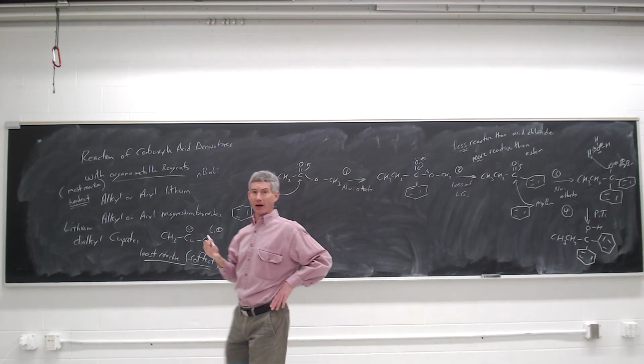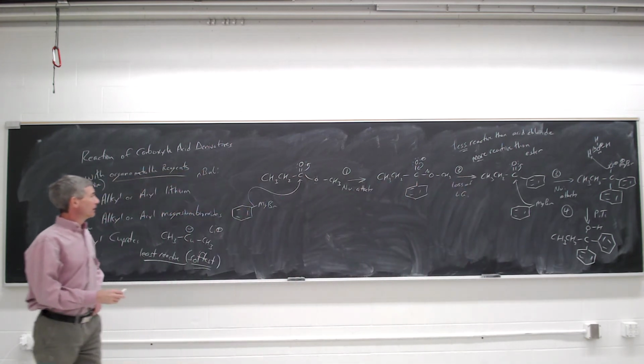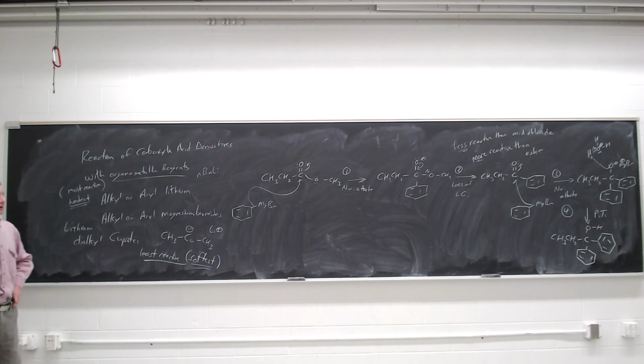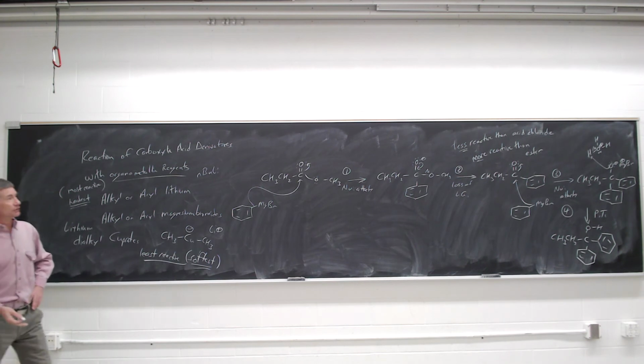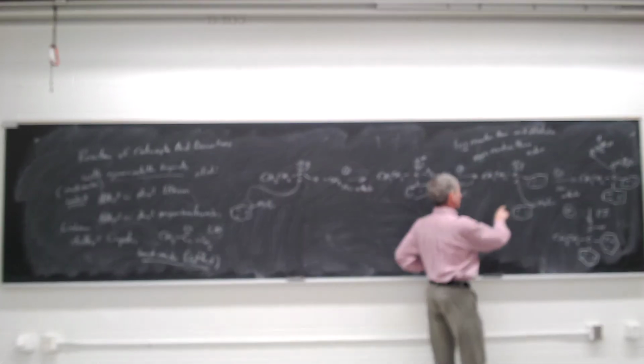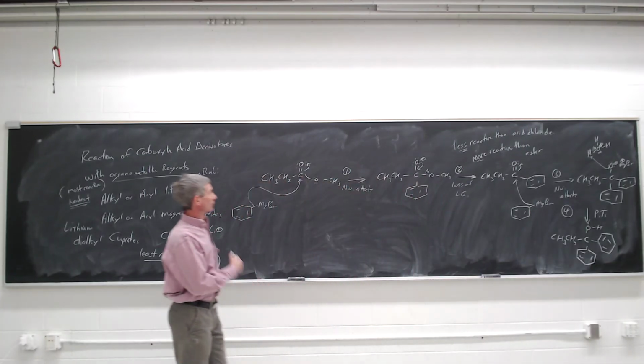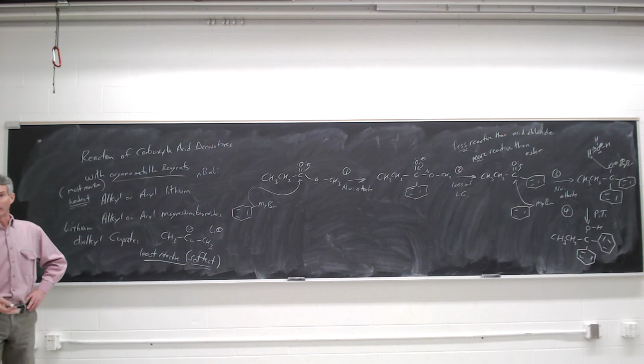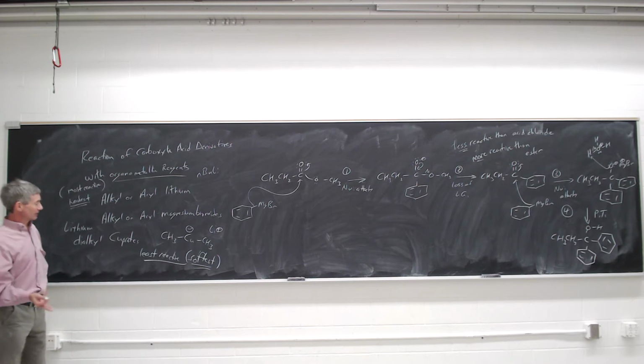So it's theoretically possible to stop at the ketone if we have an organometallic reagent that isn't good enough to do this second nucleophilic attack, that will react with the more reactive acid chloride, but not react with the less reactive ketone. And if you guessed that the cuprate is the reagent that will do that, you are correct, right?